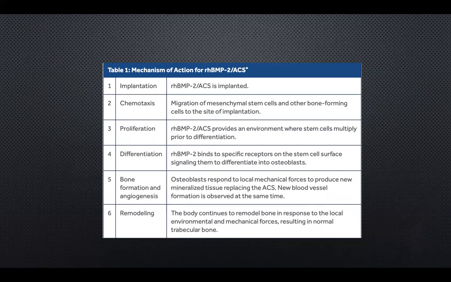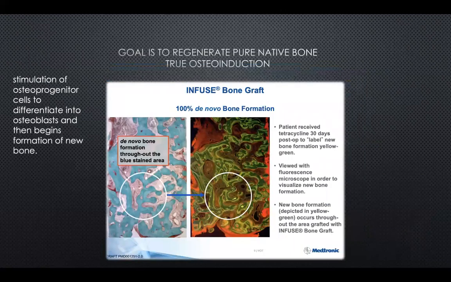Angiogenesis happens between the bone islands as well, and then a period of remodeling follows. So the goal is to regenerate pure native bone, which is called true osteoinduction, that this material provides. It's a stimulation of osteoprogenitor cells to differentiate into osteoblasts and begin formation of new bone.